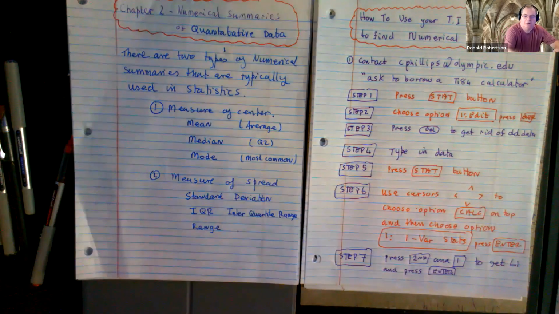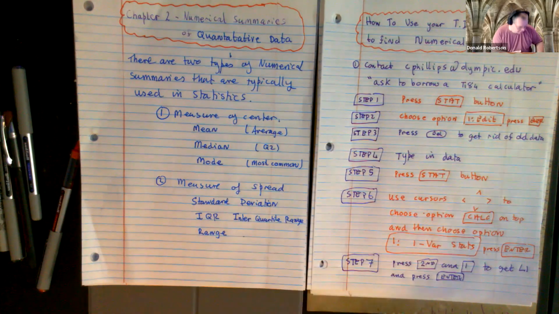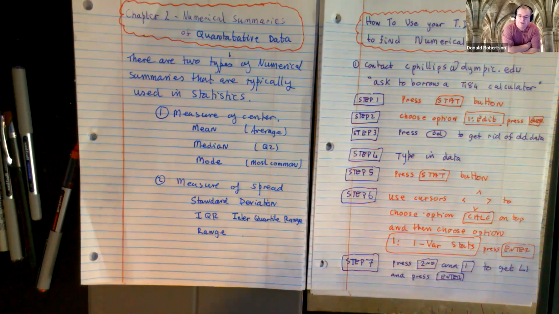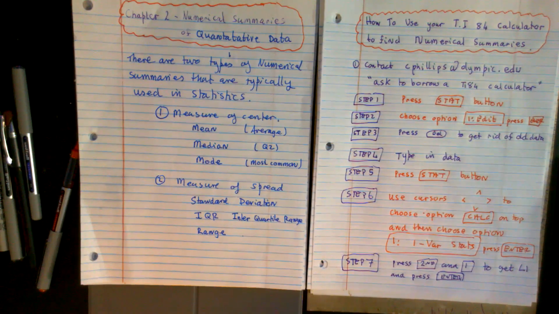Hopefully that won't happen. Okay, let's have a look at what we're going to be doing today. We're working on chapter 2, numerical summaries, and we'll be continuing on that. Before I do that, I want to go through a list of steps that you need to be able to use your TI-84 calculator to find 5-figure summaries, for instance.